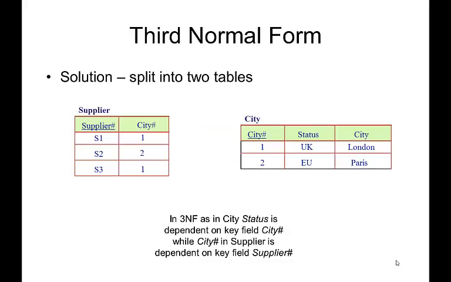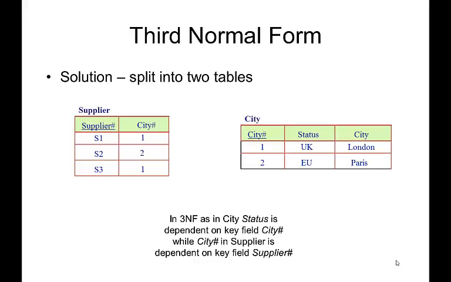The solution, again, is to split that one table into two tables. So we now have a supplier table with a supplier and a city ID. And then we have a city table with the city and its status. So now city and status are both dependent on the city number. And the city number is fine here.